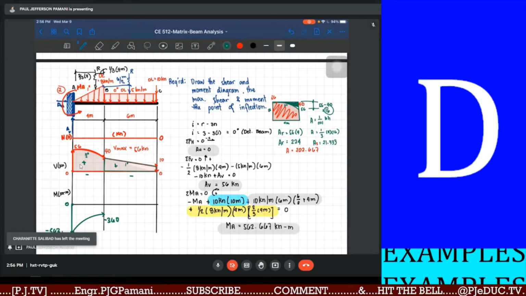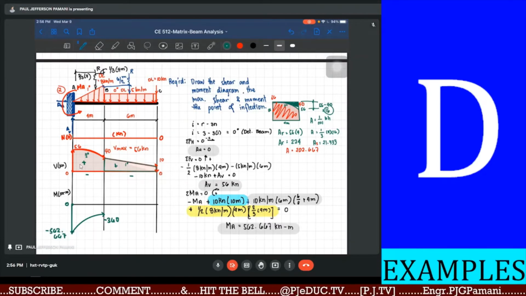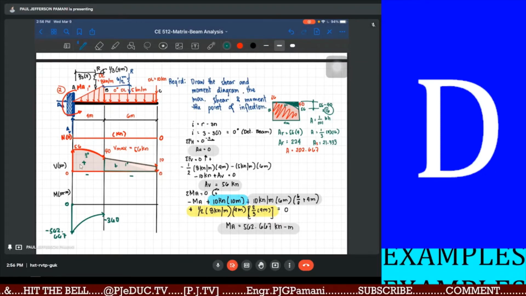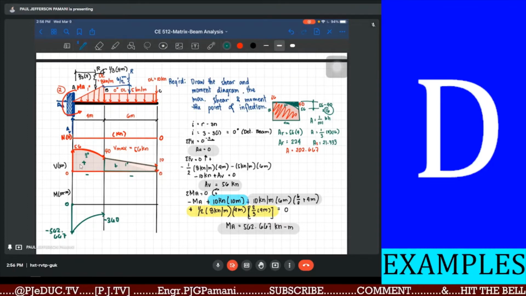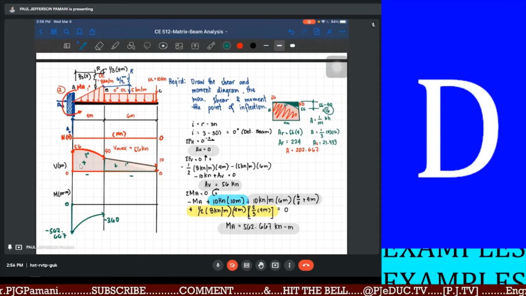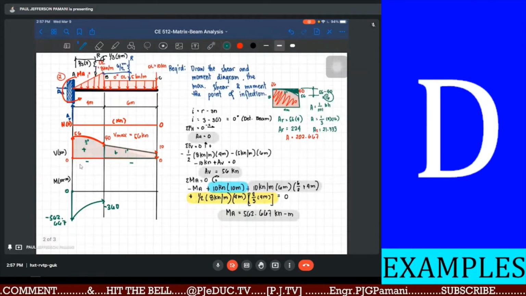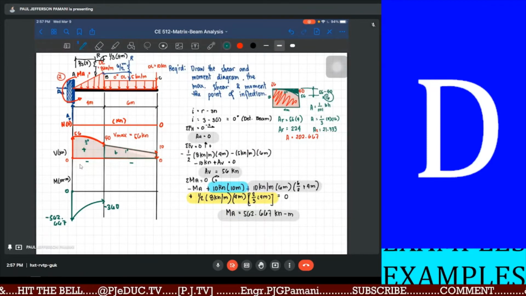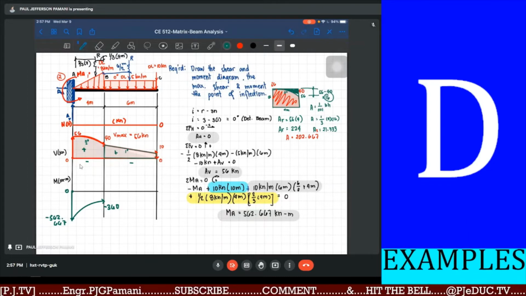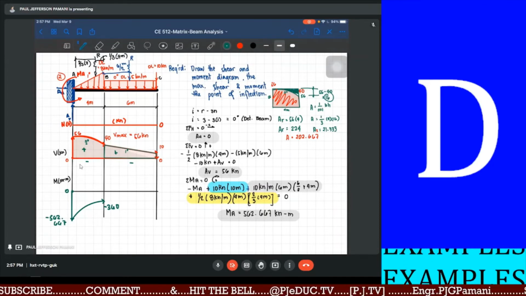That is negative 562.667 plus the area 202.667, 360. Then plus 40 plus 10 over 2 times 6.